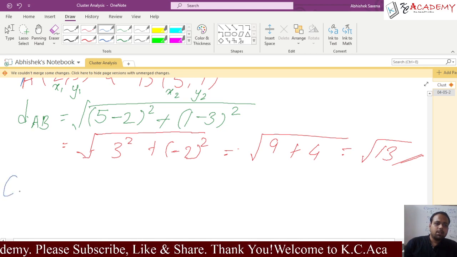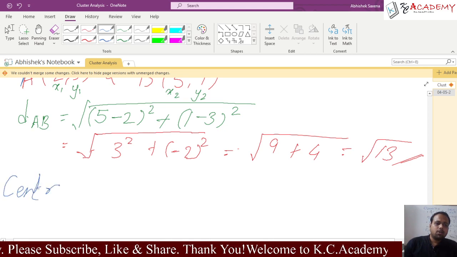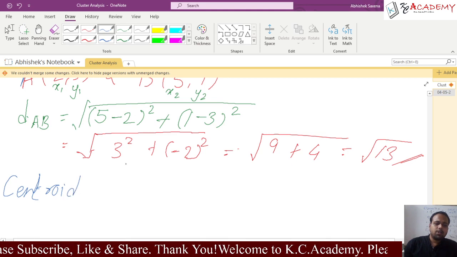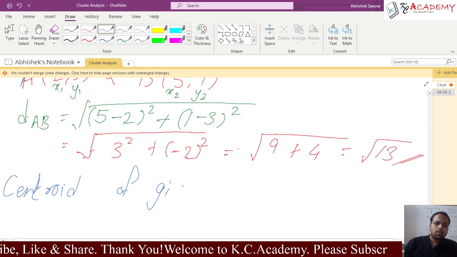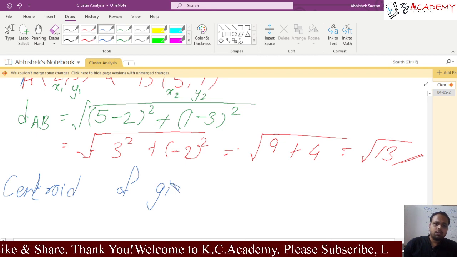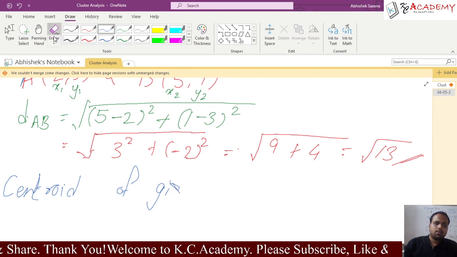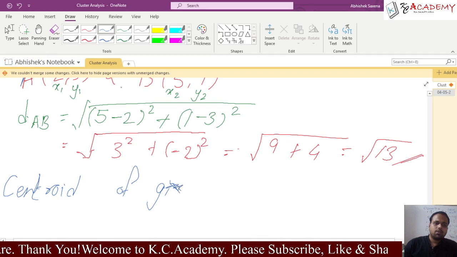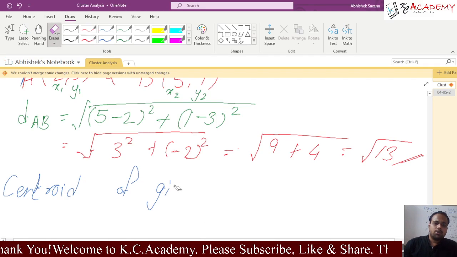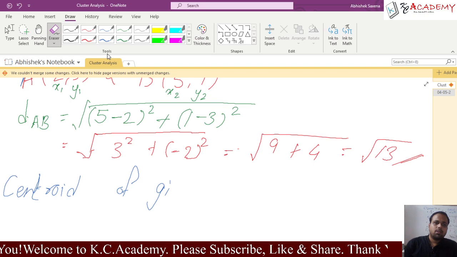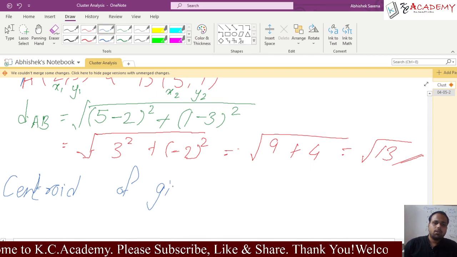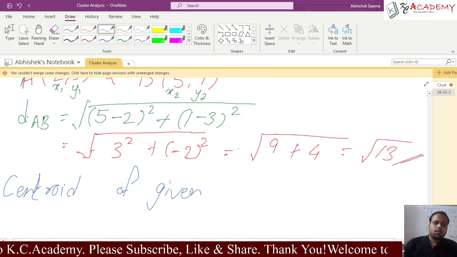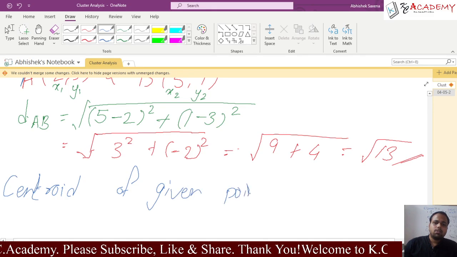So to find the centroid of given points.